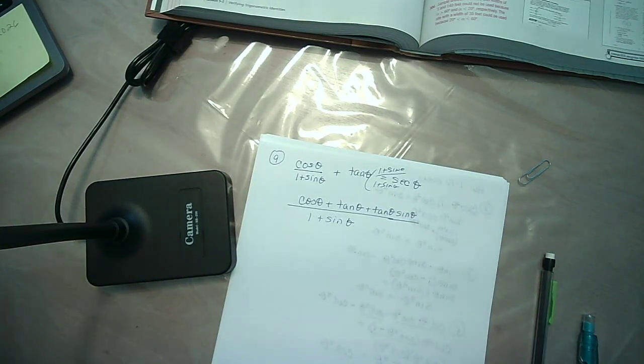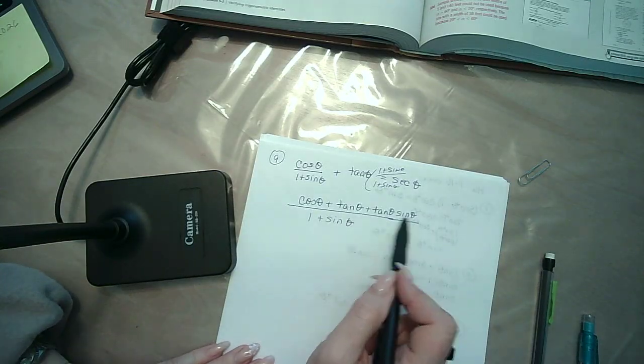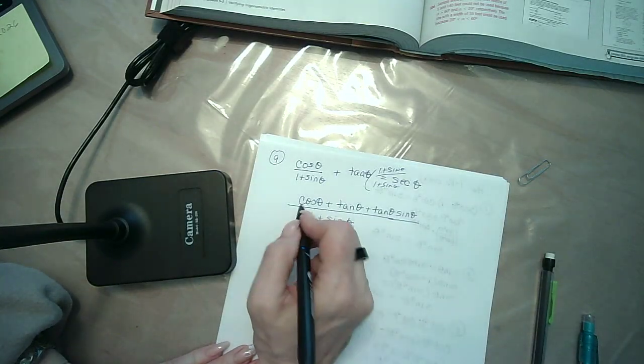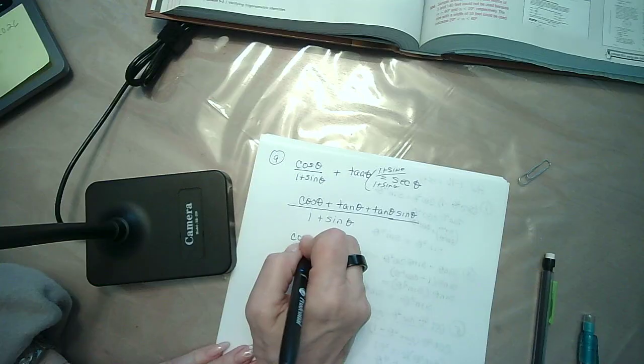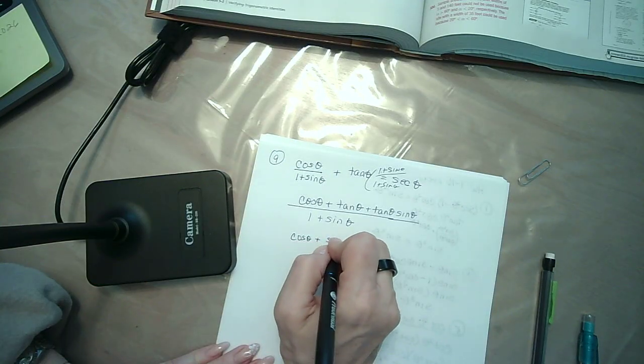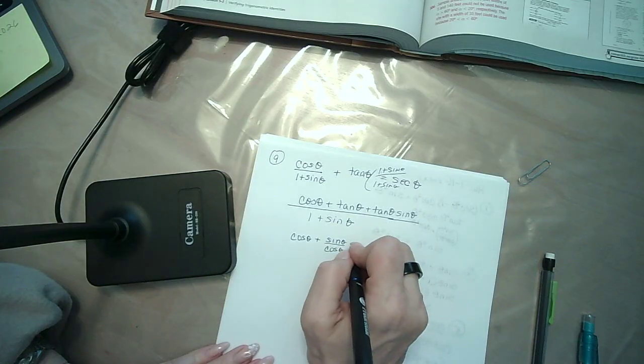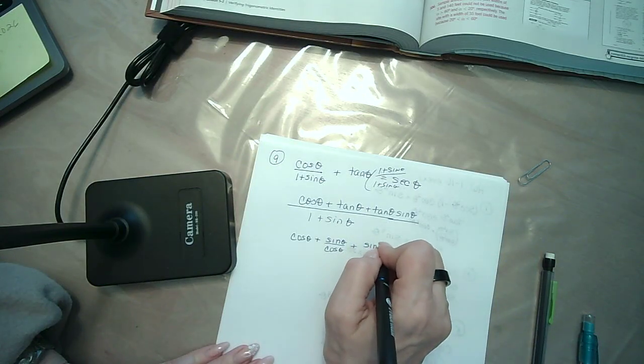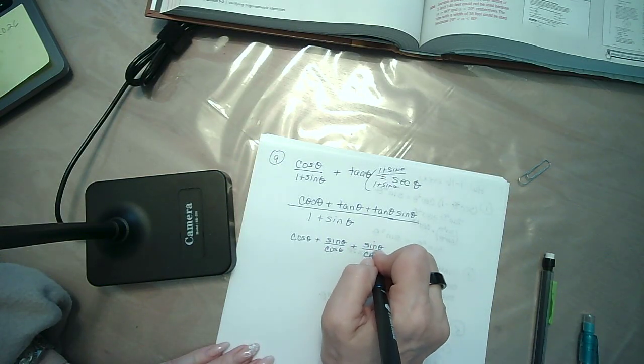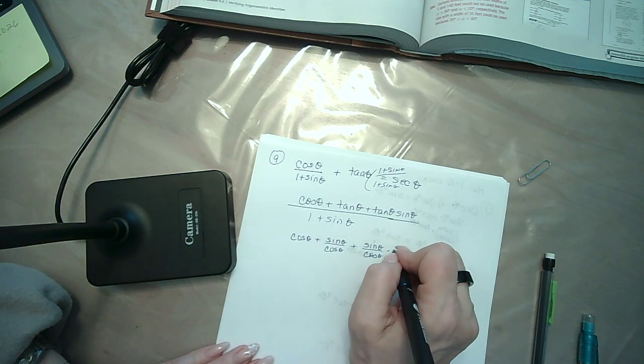Let's see what I can do here. All right, it's a little uglier, so let's start changing this, okay? This is now cosine plus sine over cosine plus sine over cosine times sine.